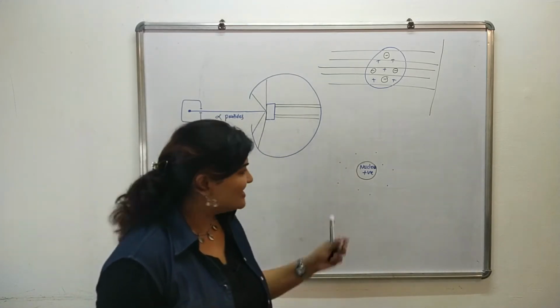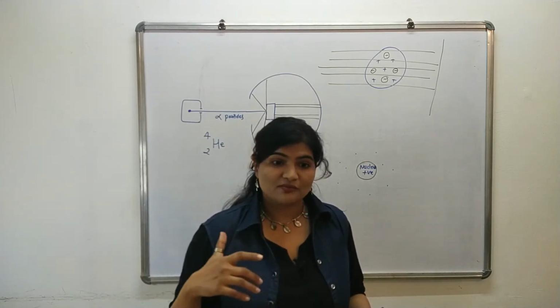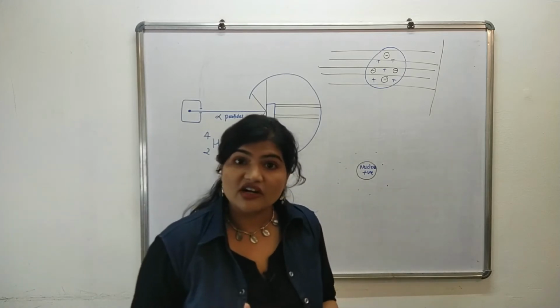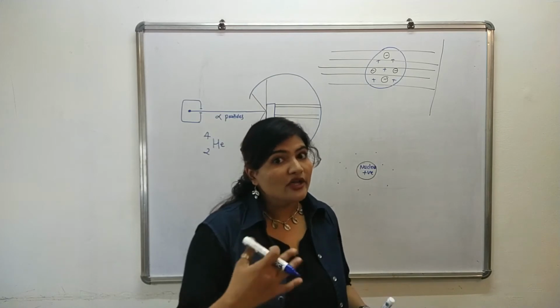Now in this process he discovered the nucleus, but he was so clever that he also discovered another subatomic particle called the proton. Now let's discuss how he did it.